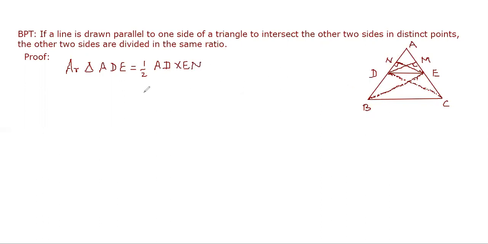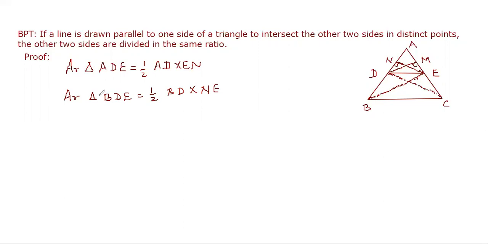Also, if we find the area of triangle BDE, then base will be DB but perpendicular will be the same. So now area of triangle BDE equal to half BD into perpendicular EN.